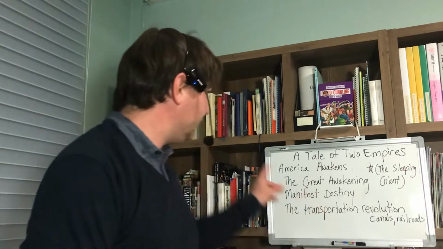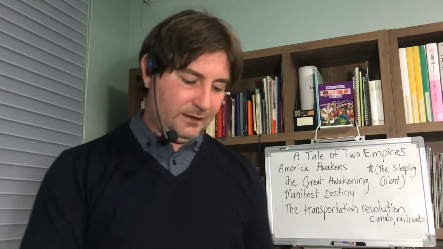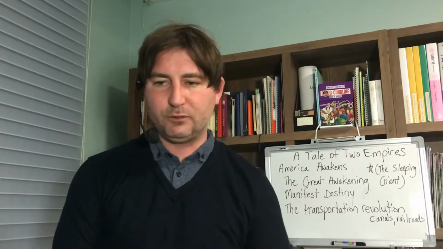But this is our week 9 lecture, about the chapter entitled "A Tale of Two Empires" in the book. It's chapter 5, and we're going to talk about America specifically.